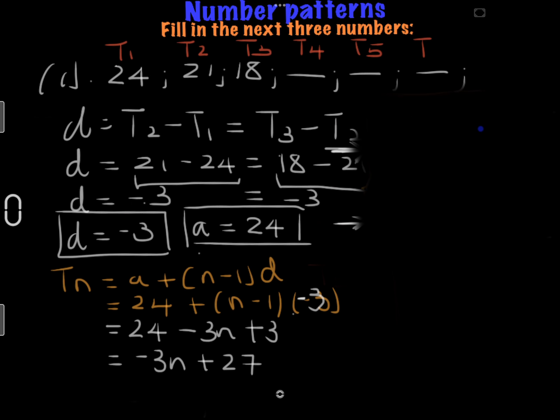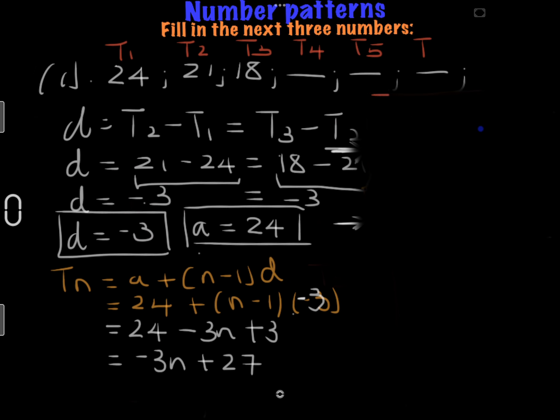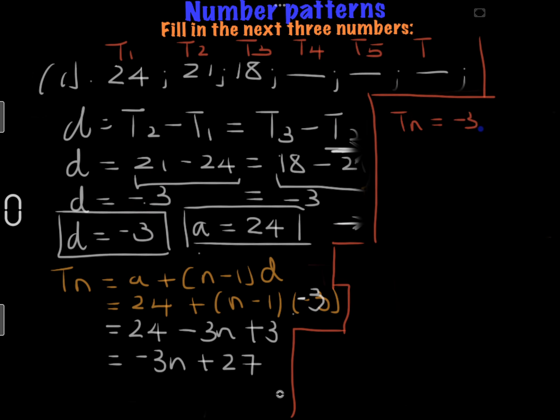Now Tn is equal to negative 3n, I'm just continuing on from here, plus 27.